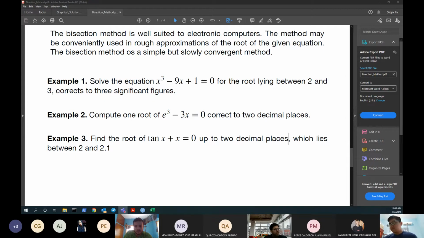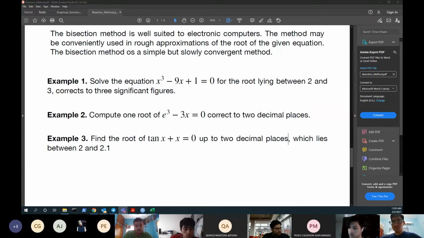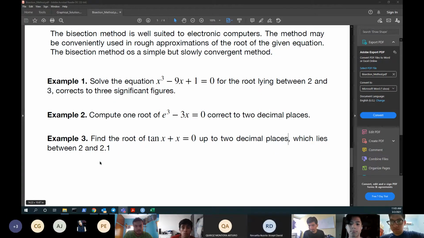What about the others? Please, por favor, todos los demás pongan su cámara para que esté yo viéndolos y sepa que están haciendo la tarea, ¿no? Porque si no, pues imagínense, yo aquí me voy a matar esperando que ustedes terminen y pues no se vale, ¿no? Solamente veo a 6 personas, 7 ahora, 8.